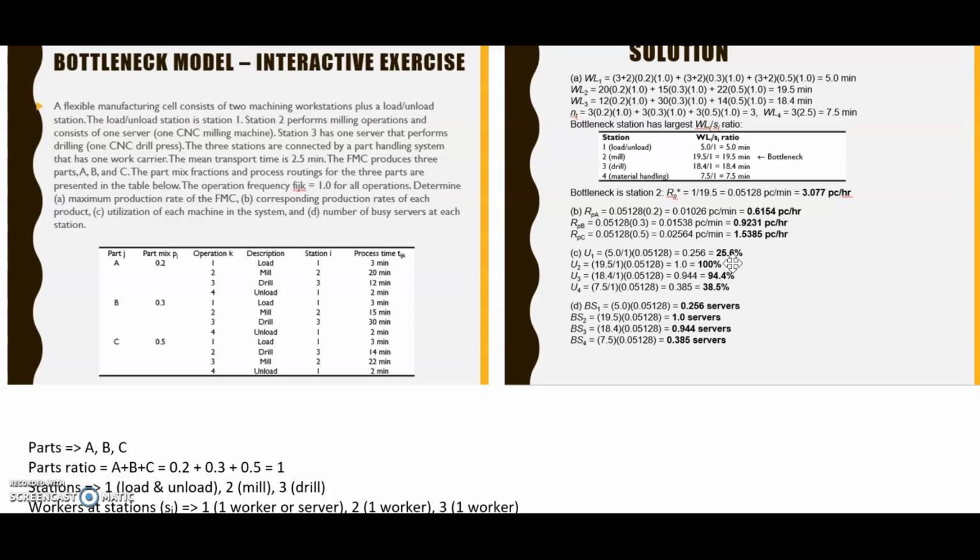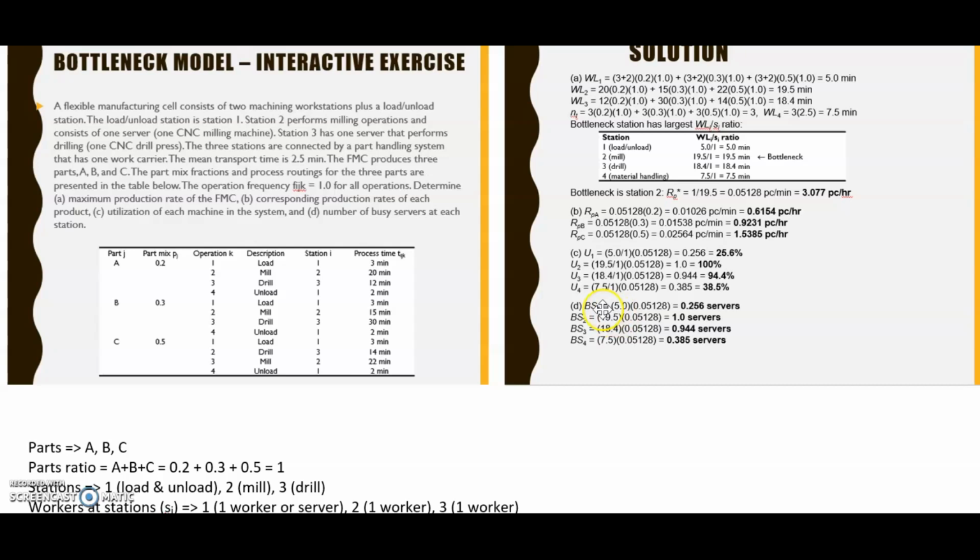For the last question, determine the number of busy servers, or busy workers, at each station. For station 1, the formula is the workload times the bottleneck production rate: 5 minutes times 0.05128 gives 0.256 servers.